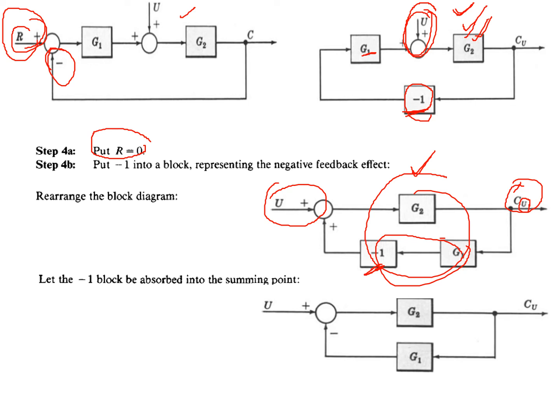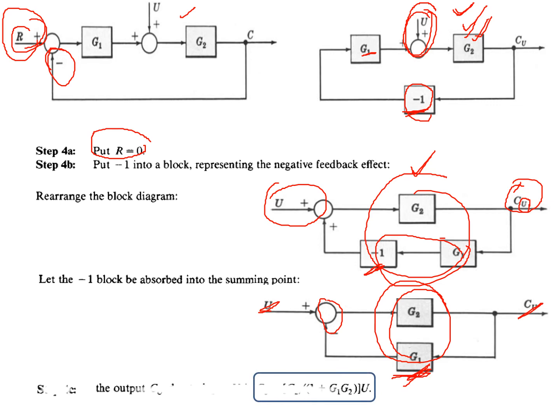Then this can be modified like this: the input is U, summing point, G2, G1, and output. Here this is the negative feedback. By using the feedback property, we are going to replace this feedback system with a single system.